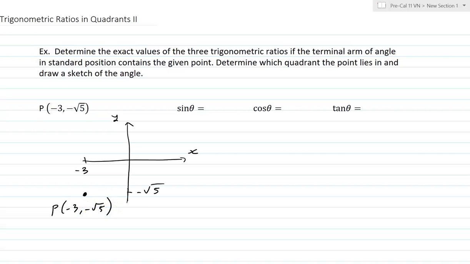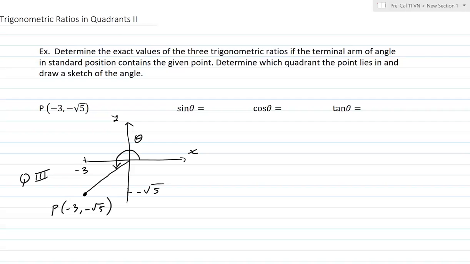Okay, let's draw the terminal arm right there, and the standard position angle is the counterclockwise theta, because all of these are given the standard position angle being positive. Okay, based on the coordinates, where is that standard position angle? Well, it is in quadrant 3. Great, we know that. That means theta is between 180 and 270 degrees.